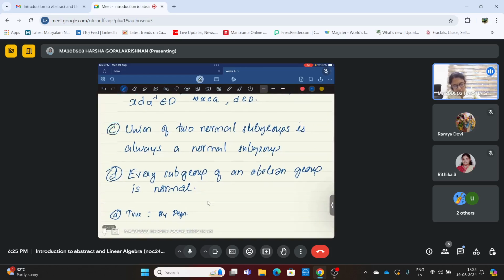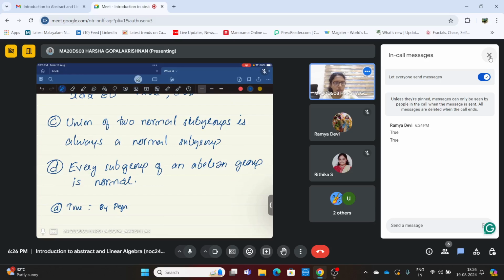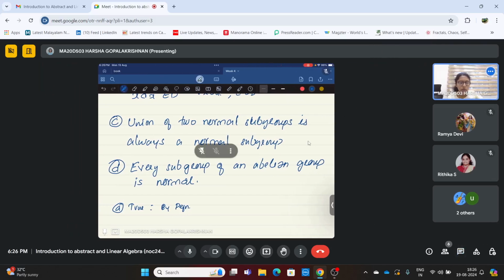Now the next question is, the union of two normal subgroups is always a normal subgroup. Is this true? We are taking normal subgroups and taking the union, whether this will be a normal subgroup or not.